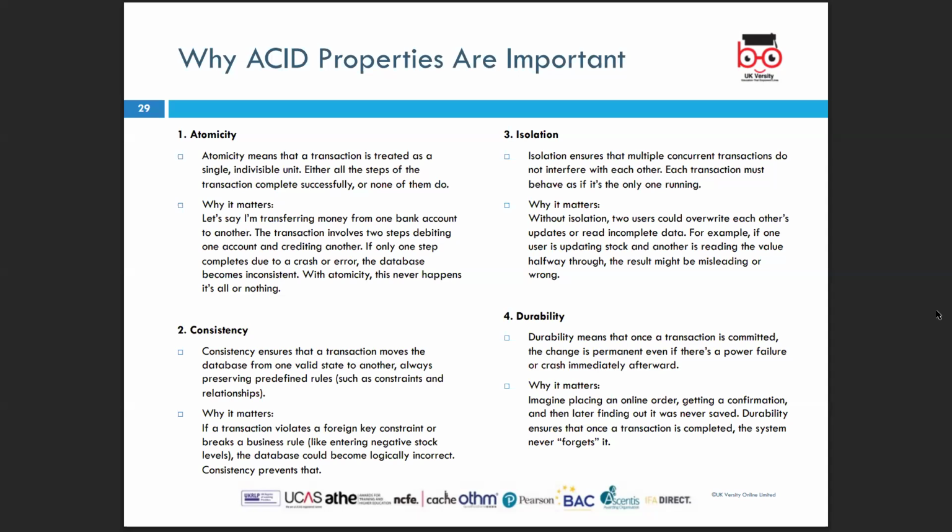Each transaction must behave as if it's the only one running. Durability, this means that once a transaction has committed, the changes are permanent even if there's a power failure or a crash immediately afterwards.